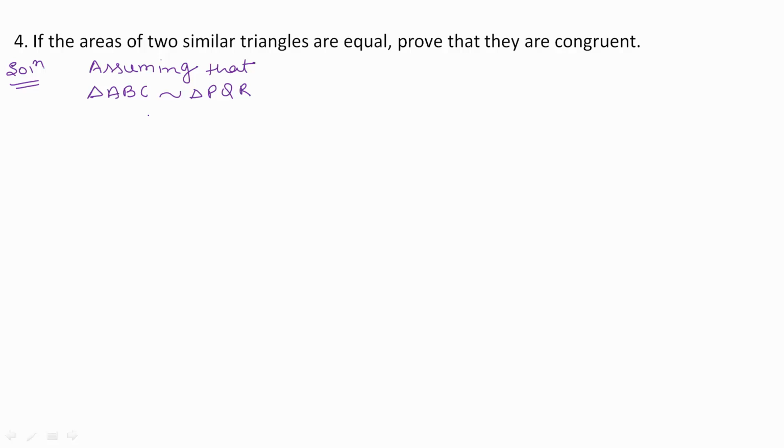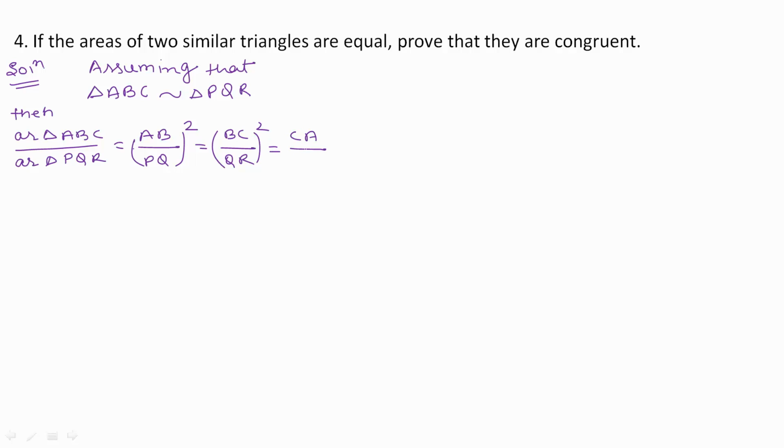If both triangles are similar, then area of triangle ABC upon area of triangle PQR is equal to (AB upon PQ) whole square, is equal to (BC upon QR) whole square, is equal to (CA upon PR) whole square. This is your equation number first.